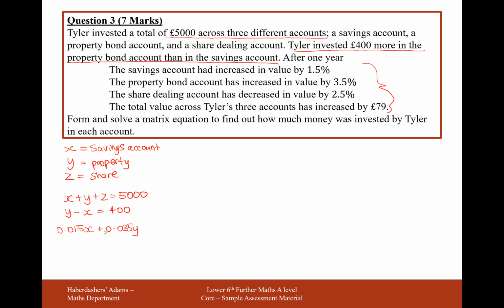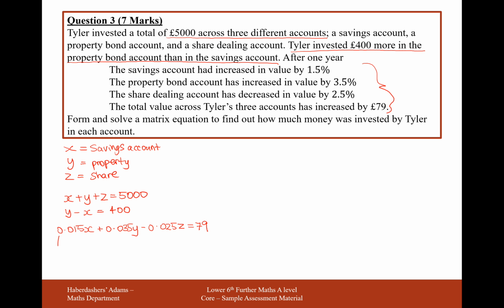That would be the decimal that effectively represents 3.5%. And it's decreased on the share dealings by 2.5%, so minus, because it's decreased, 0.025Z, and the difference there is £79. So I'm going to write £79 in there. Perfect, so these are our 3 equations then.